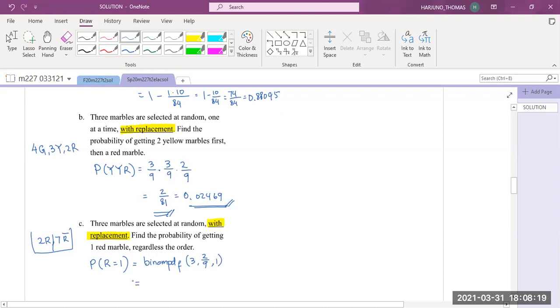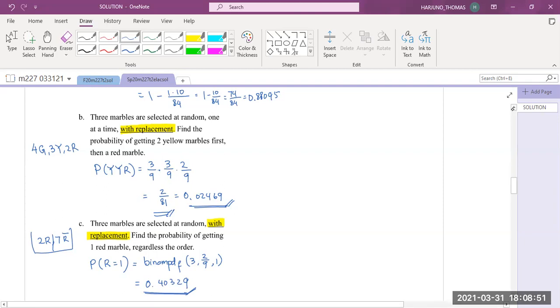Probability notation, calculator notation, then the calculator result. I get 0.40329. That's for part C.